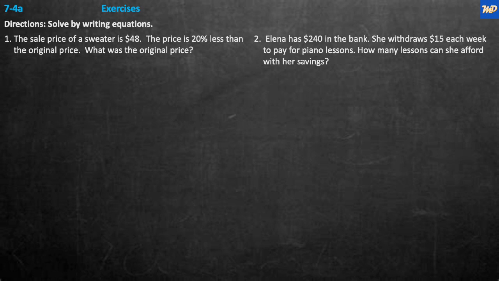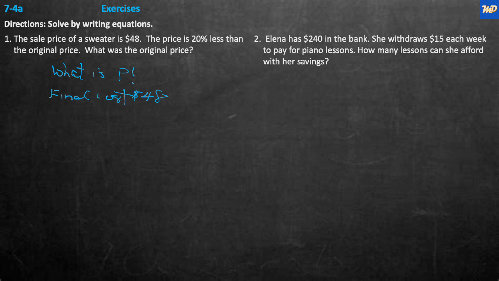So the first thing we're looking for is, what's the question? It says, what is, I'll call it P, the price. What is P? We know that what the sweater sells for, the final cost, is $48.